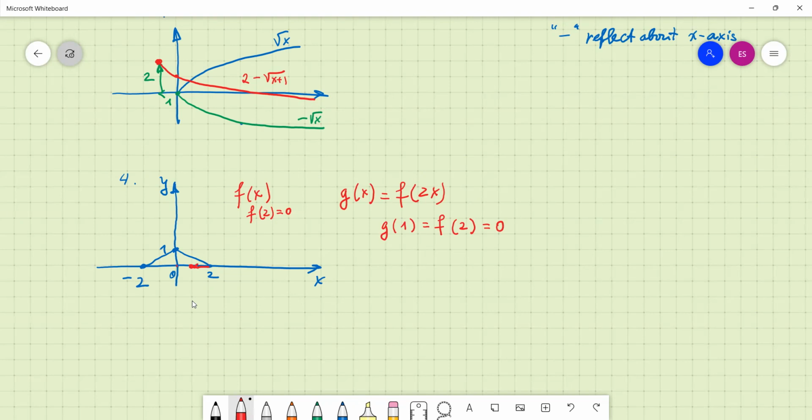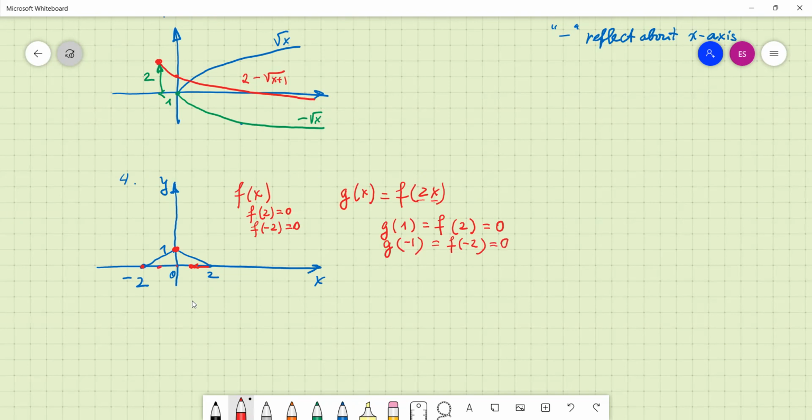How about the point 0? Point 0 was giving me 1, right? If I plug in 0 here, it's still going to be 0, right? So this point is not going to move. And this point, -2, was giving me, I'm going to write down, f of -2 was equal to 0. So what is supposed to be the argument here to give me actually f of -2? Let's look back. 2x. To get -2, I'll need -1 here, right?